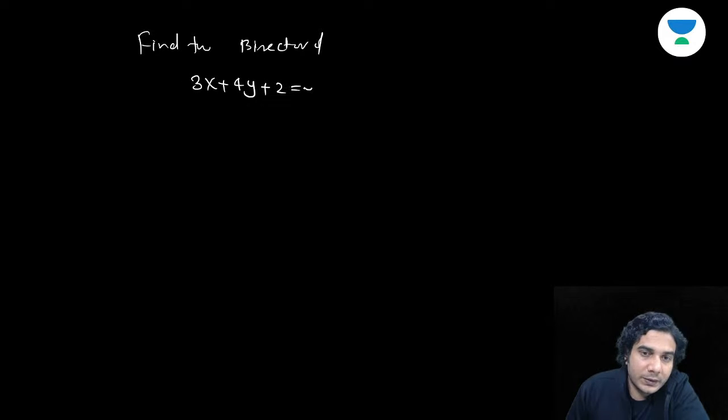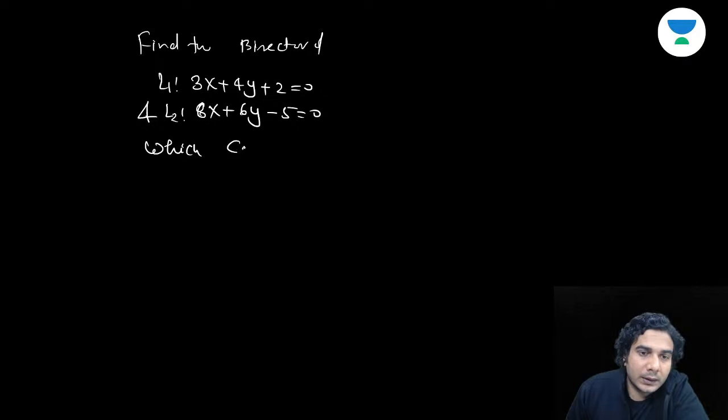Find the bisector of 3x + 4y + 2 = 0, say this is line L1, and 8x + 6y - 5 = 0, which contains the point (-3, 1).